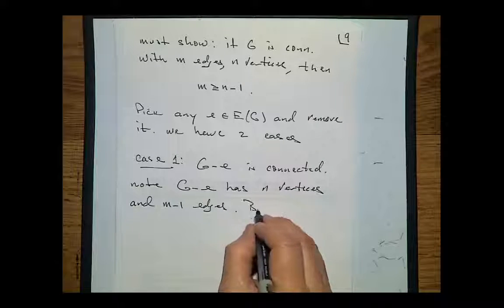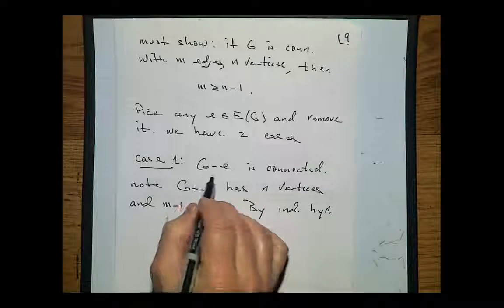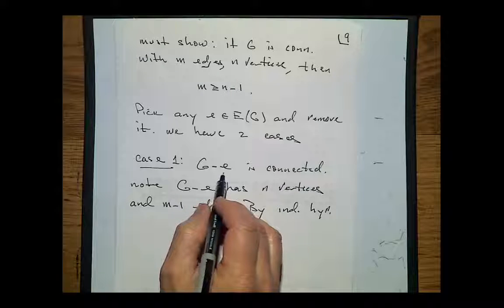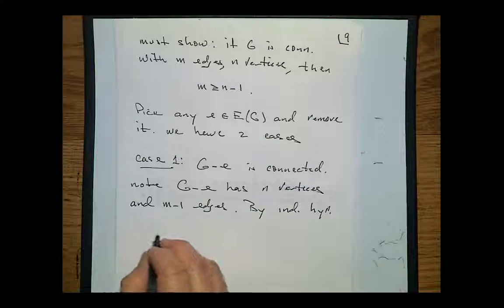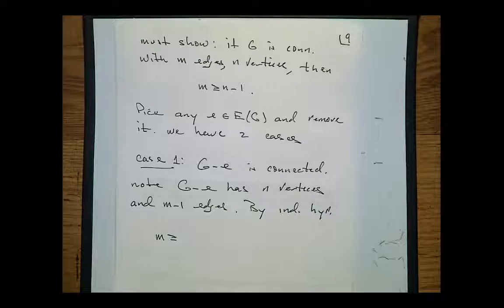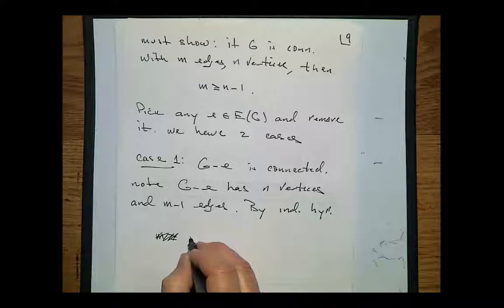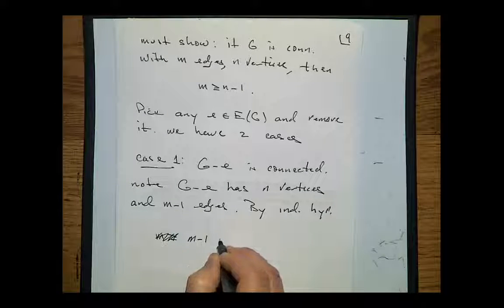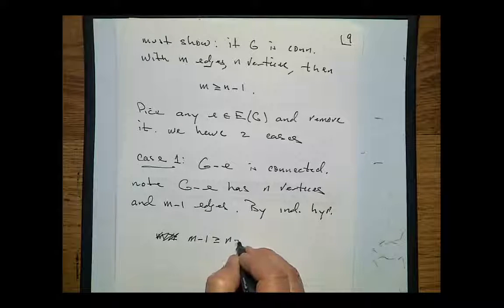By the induction hypothesis, applied to this graph, which has fewer edges than the original, the number of edges, which is m minus 1, is greater than or equal to the number of vertices minus 1.